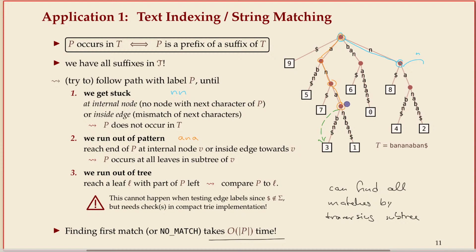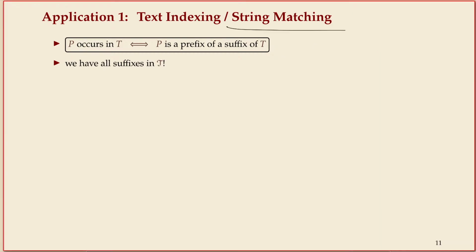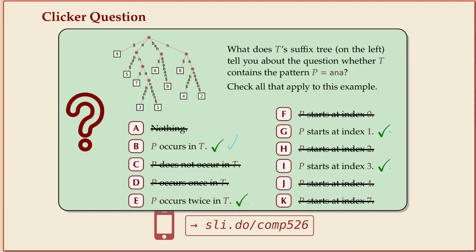Namely, there's an occurrence at all the indices that are at leaves below this node in the subtree of that node. And in this case, that's indices 1 and 3. That's why these two answers are correct. Of course, that also implies there's two occurrences and there's some occurrence. And then all of the other answers are wrong for some reason.